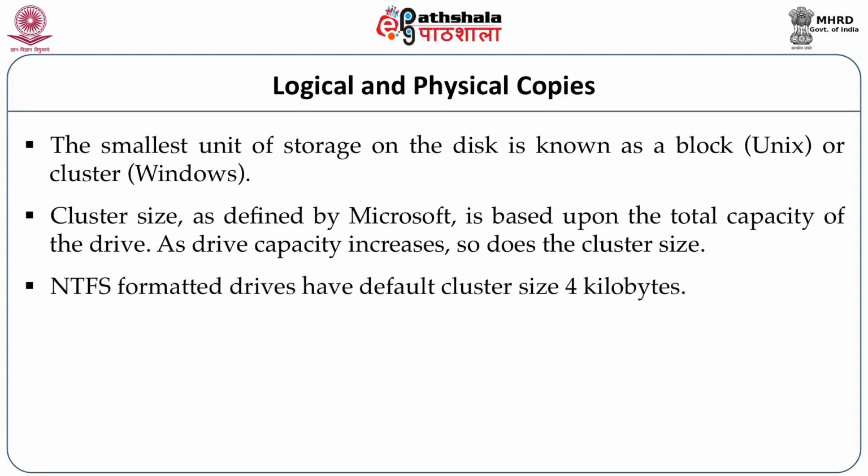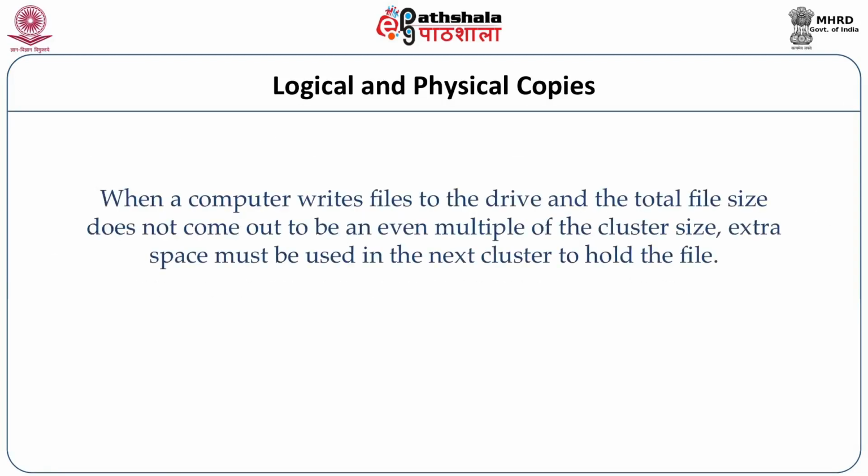NTFS formatted drives have a default cluster size of 4 kilobytes. When a computer writes files to the drive and the total file size does not come out to be an even multiple of the cluster size, extra space must be used in the next cluster to hold the file.